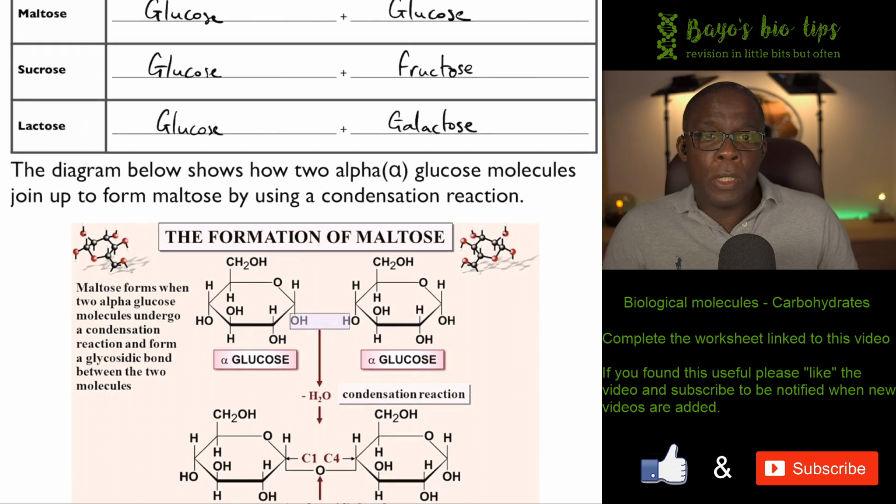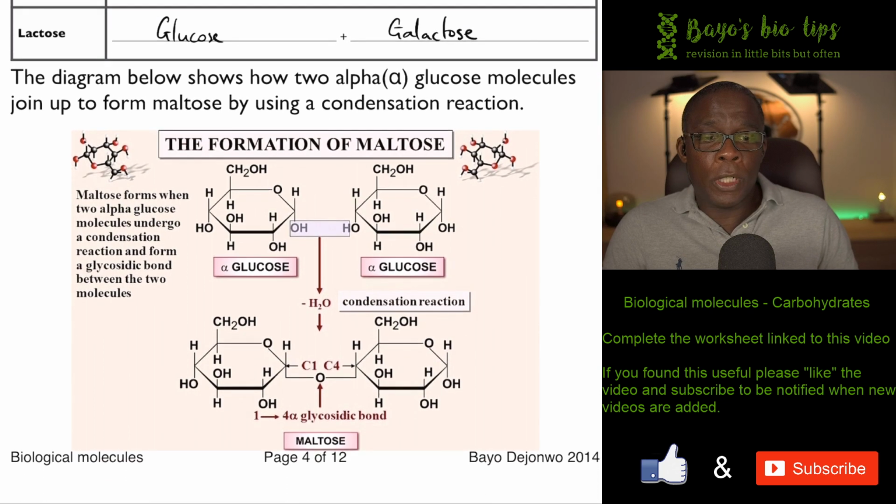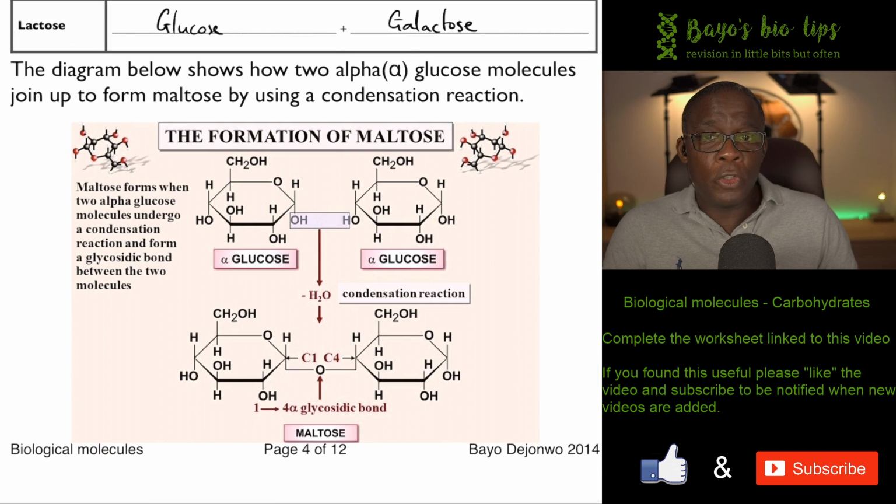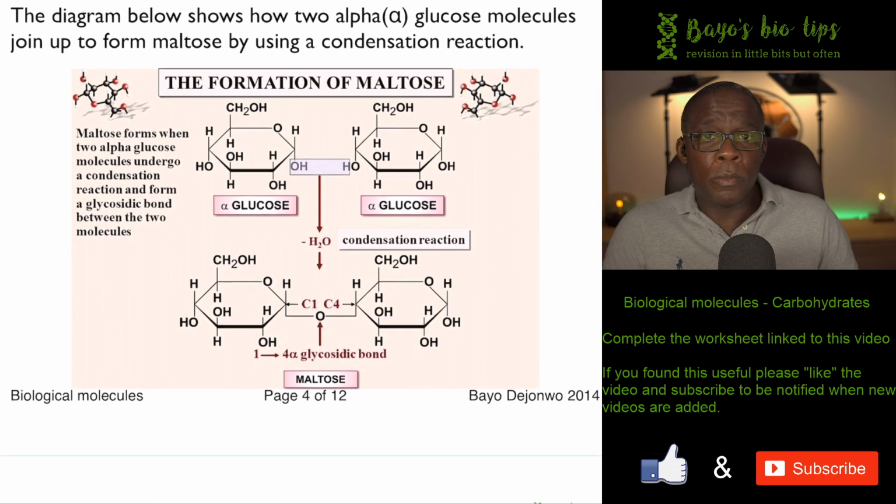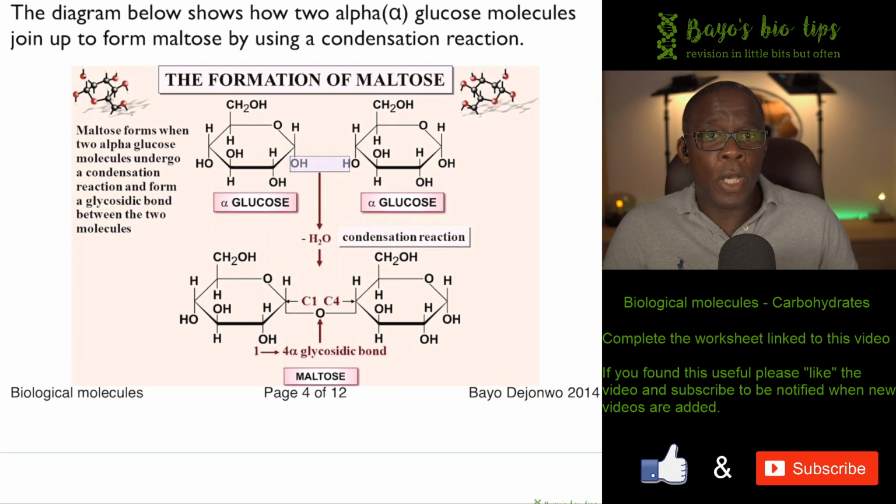So at the bottom of that page, you've got a diagram showing you how maltose is formed from 2 alpha glucose molecules. You can actually form maltose from beta glucose molecules, but in this case, we're looking at forming maltose from 2 alpha glucose molecules.